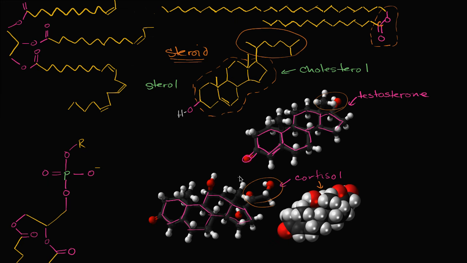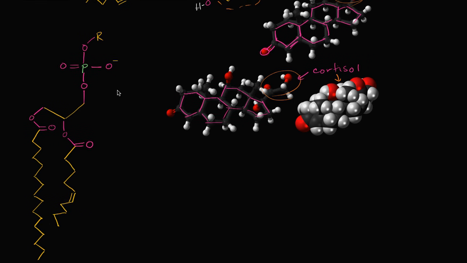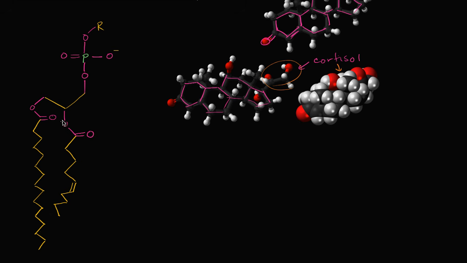Now, I talked about amphipathic molecules, and phospholipids are probably the most well-known example of it. Phospholipids have a lot in common with triglycerides, in that you have this 3-carbon backbone right over here.